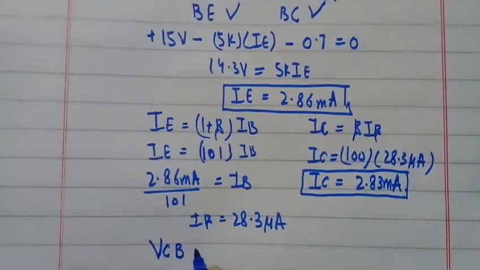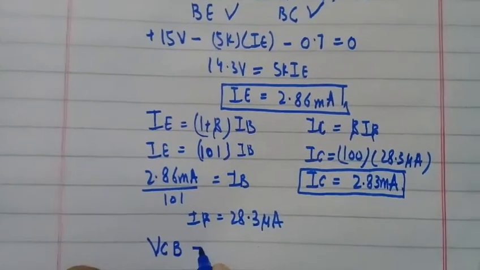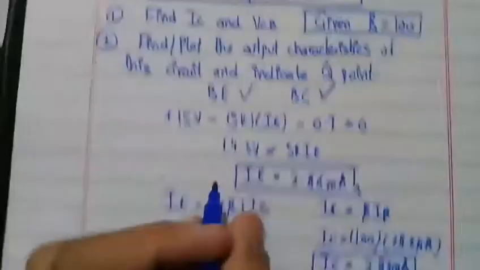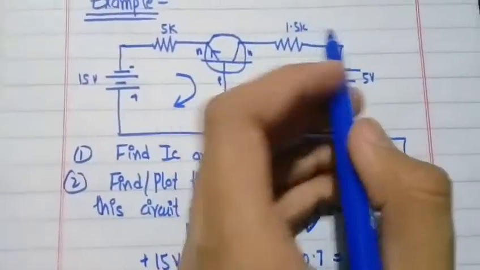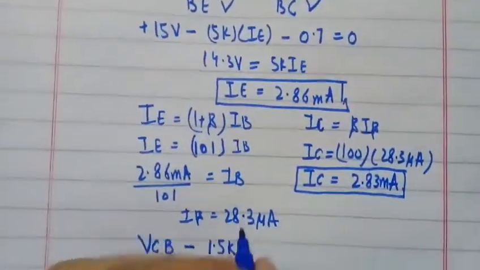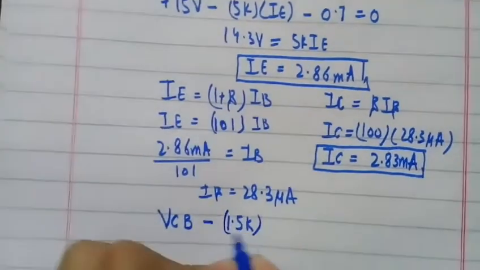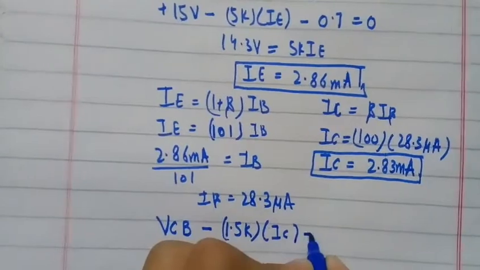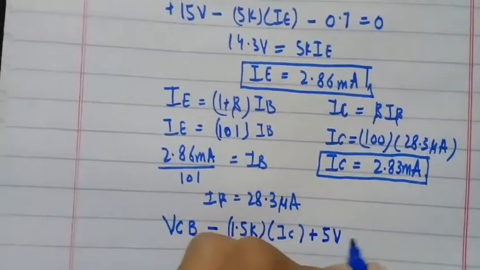There is a drop over the resistor, which is minus 1.5k, with the current IC, so 1.5k into IC, and there is a battery supply voltage of 5 volts.